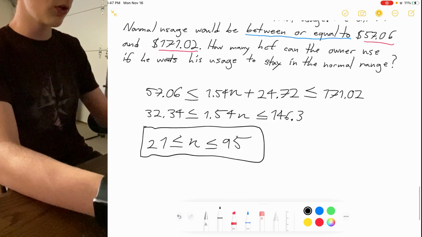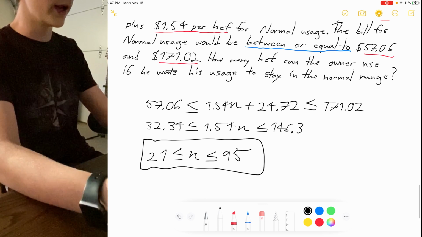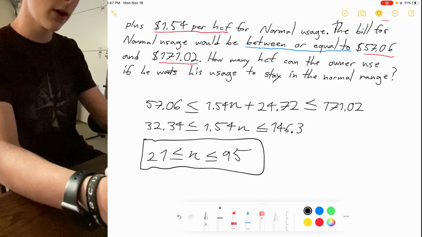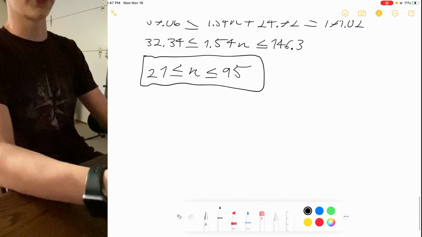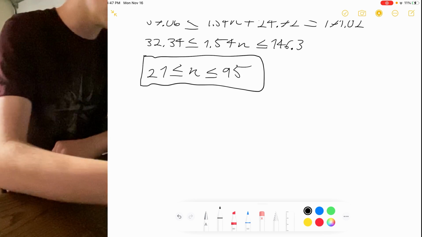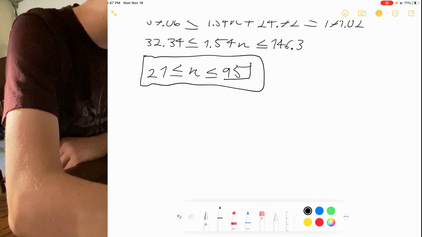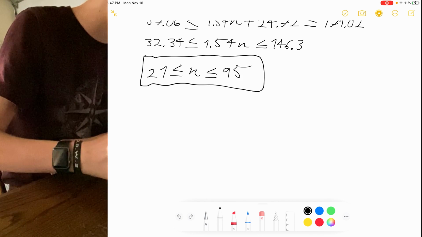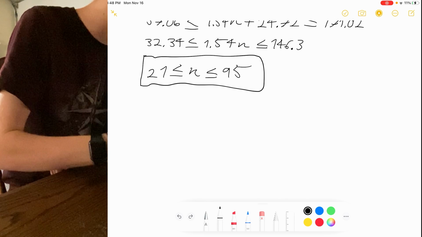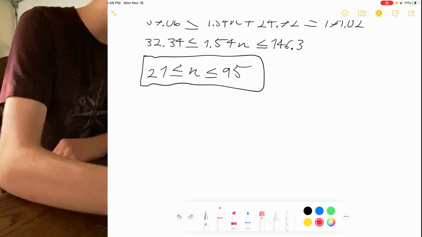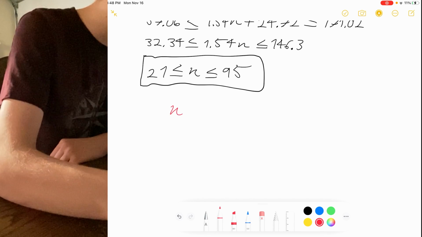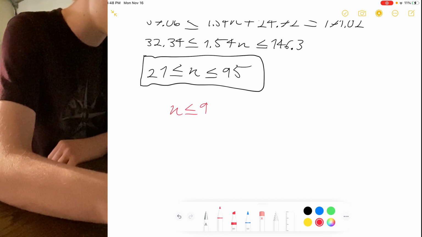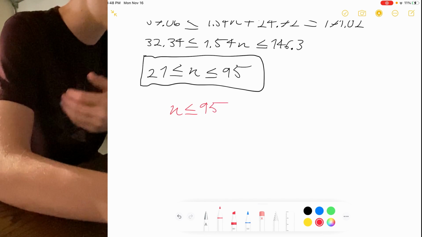It says how many HCF can the owner use? Well, if we're assuming the maximum amount that he can use, it'll be this 95 right here, right? So this is how much that the owner can use. Let's circle that in red. N is going to have to be less than or equal to 95.